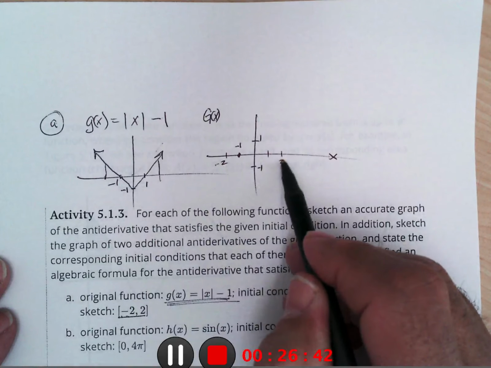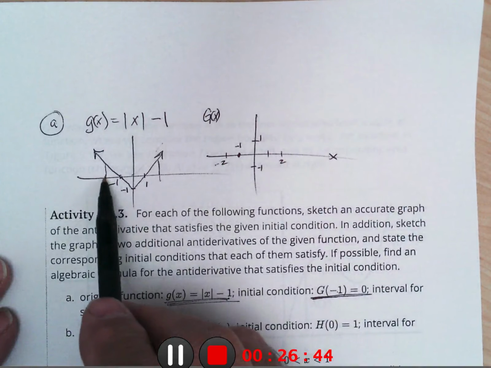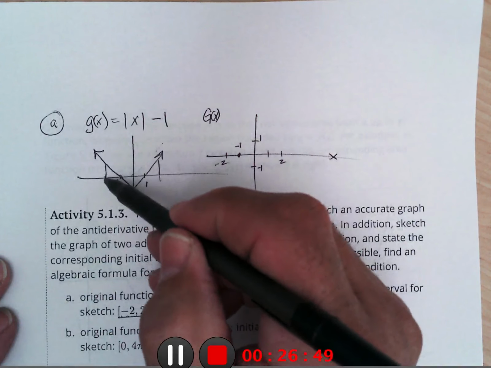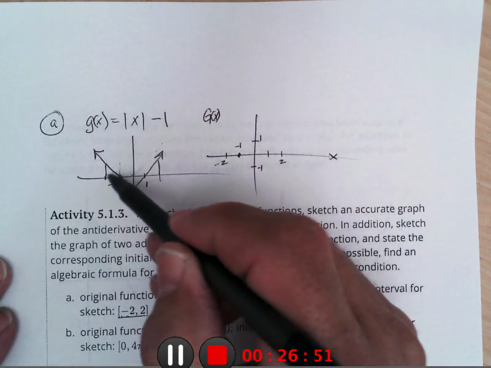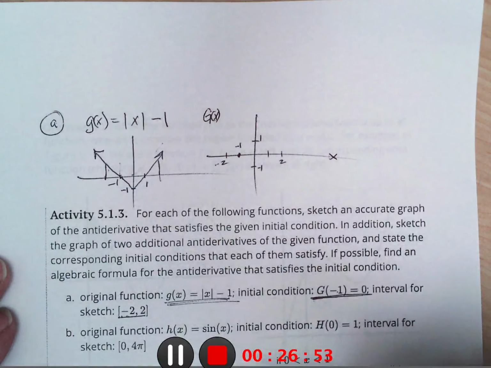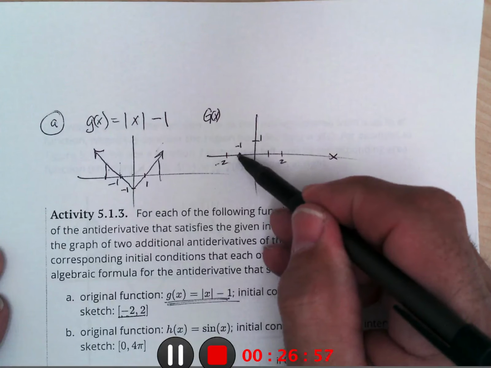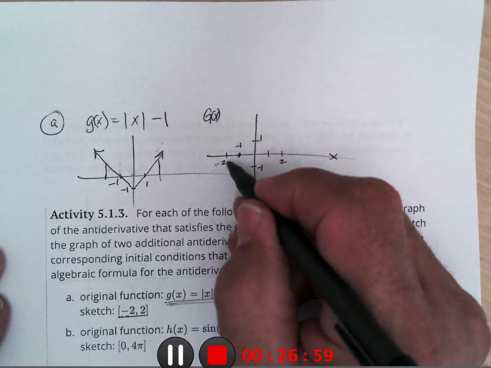So between minus 2 and minus 1, there's an area that's half a square, so it's 1/2. The curve has to go up a half, and it ends at 0, so it must start at minus 1/2.